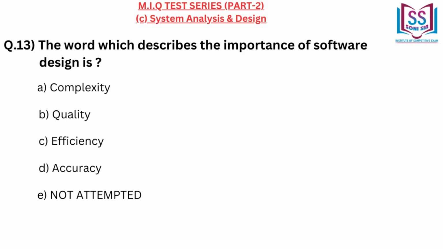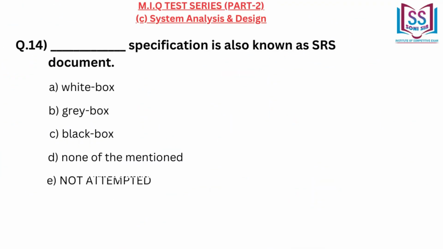B. Quality. C. Efficiency. D. Accuracy. Dash specification is also known as SRS document. A. White box. B. Gray box. C. Black box. D. None of the mentioned.